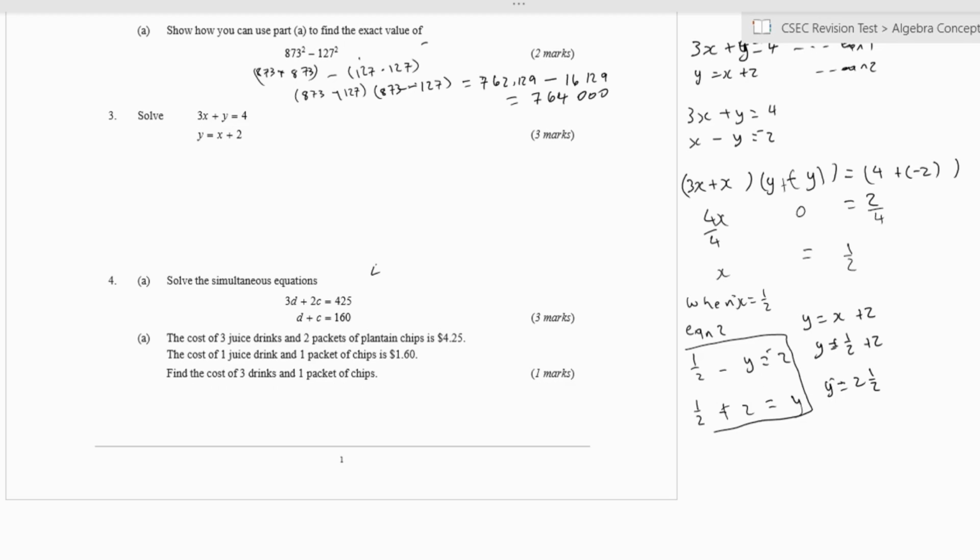Alright, so we're going to solve this simultaneous equation again, and we are given the variables 3D plus 2C is equal to 425, and D plus C is equal to 160. So we see we can't really eliminate any variable. Let's just write it right here.